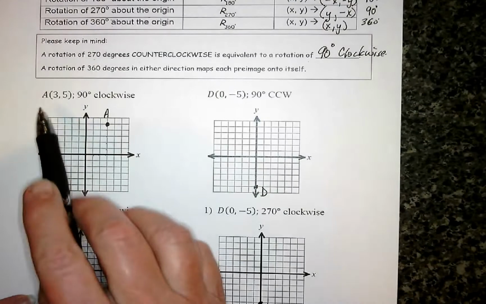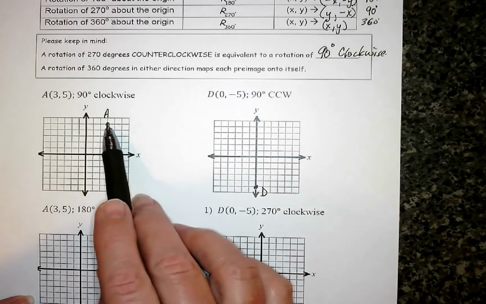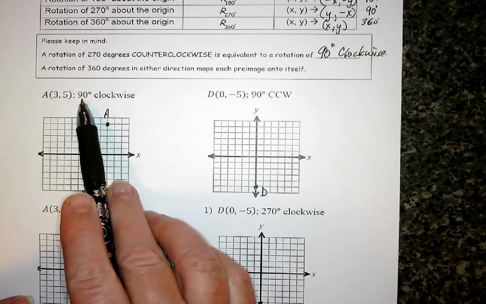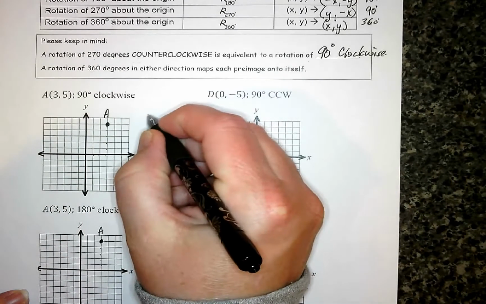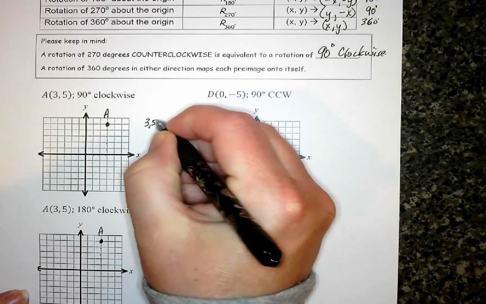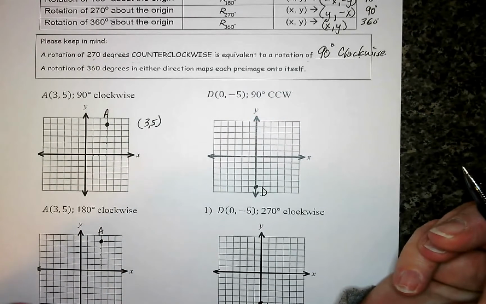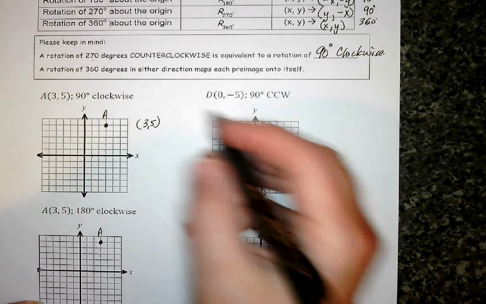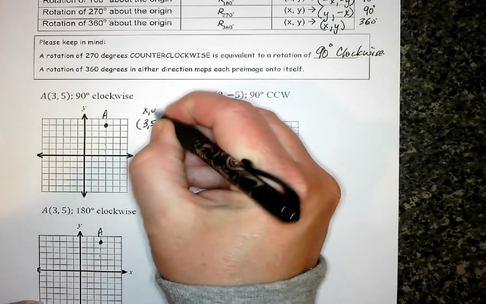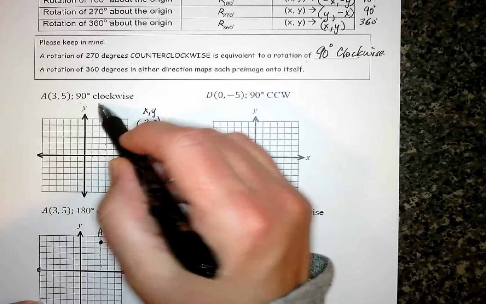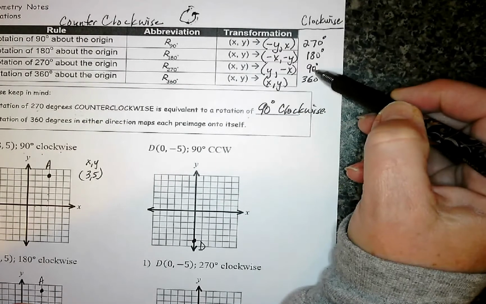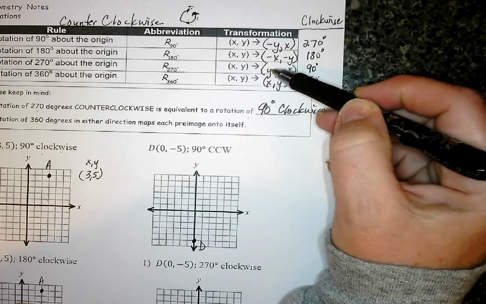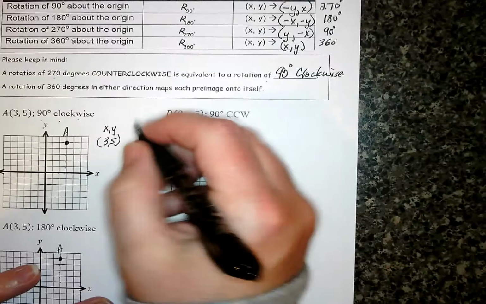So the first one, we have this point A is at 3,5. I've already labeled mine here. And it wants me to rotate it 90 degrees clockwise. Okay, so here's what I usually do, is I take my point, 3,5. And if you have a triangle or something else, you'll have more points to do, but we're just doing a single point here. And that's always going to start out as X, Y. 90 degrees clockwise, all right, I'm going to go up to my little chart here, 90 degrees clockwise shows me that my new points need to be y, comma, opposite x.